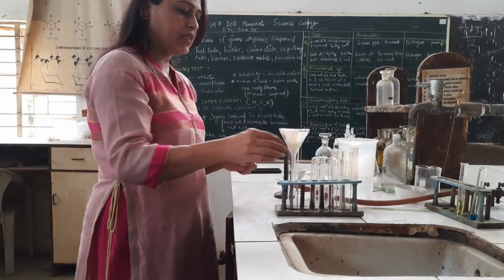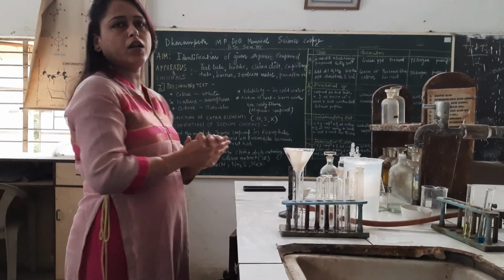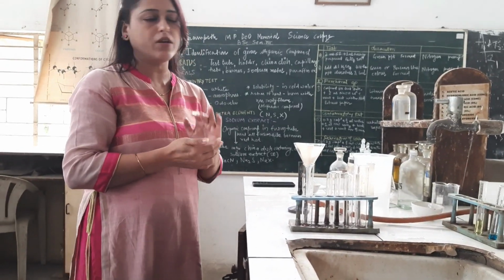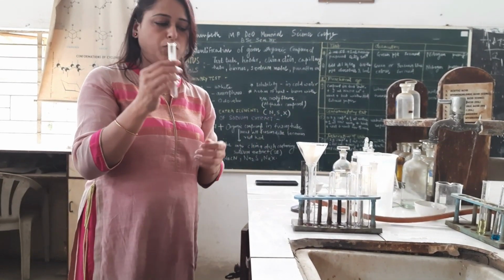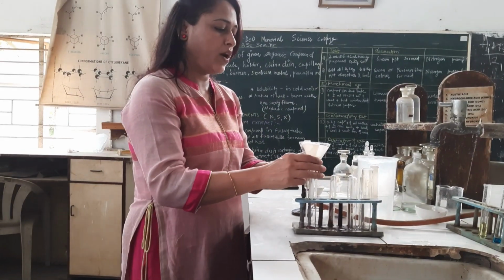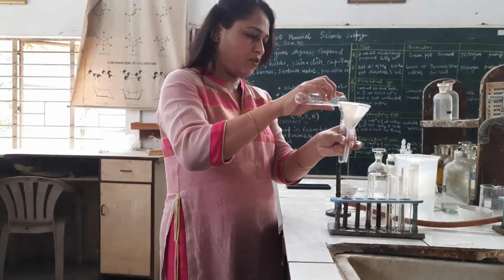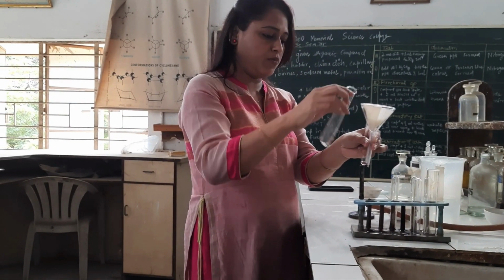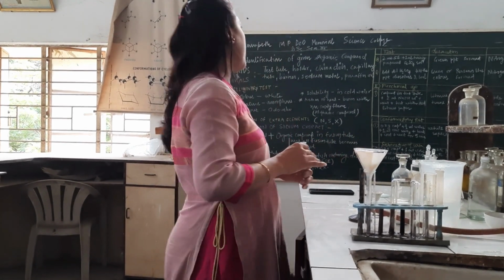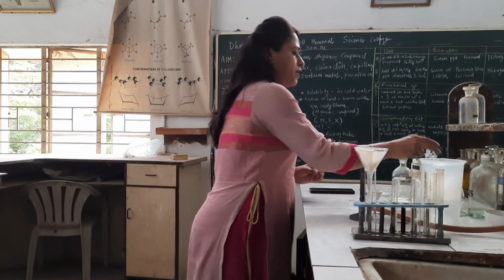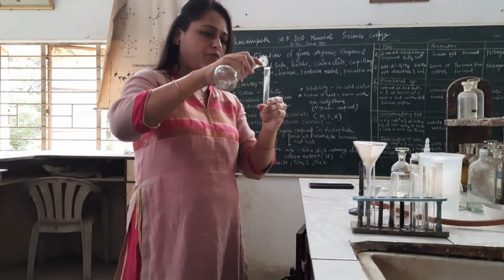Let's start with the test for nitrogen, whether nitrogen is present in the given compound. For this, take a clean test tube, and I am going to add a little bit of sodium extract into this test tube. Then add freshly prepared FeSO4.